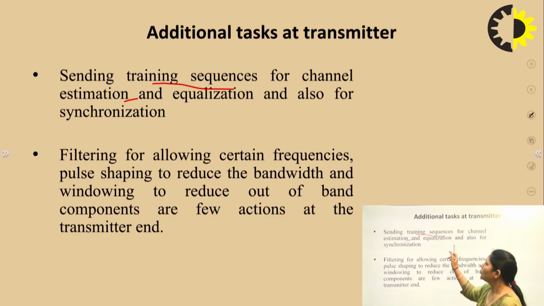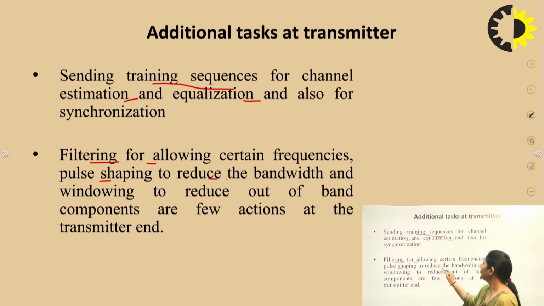So this is one of the tasks performed by the transmitter along with the other tasks that we discussed earlier. These training sequences are also used for synchronization purposes. Then filtering. Filtering is very much required in communication or any system for allowing certain frequencies.